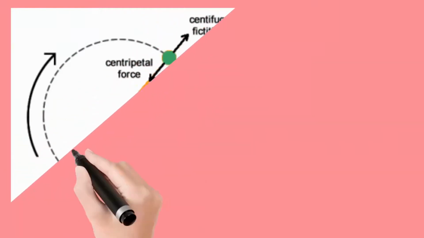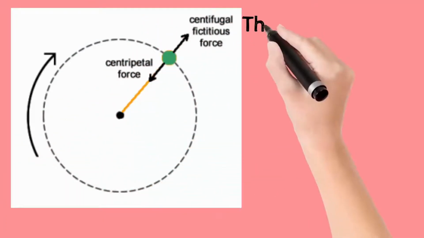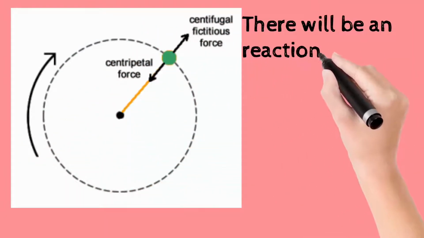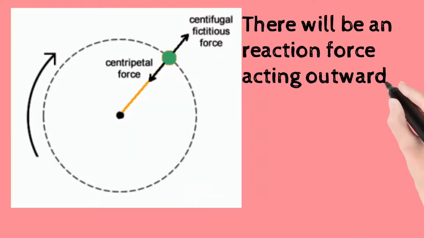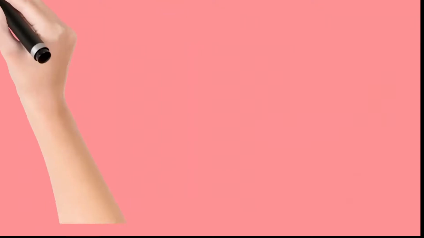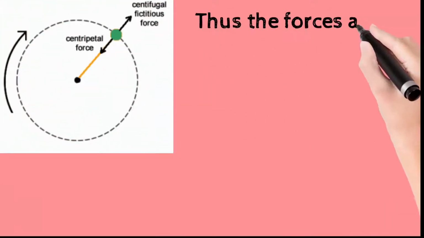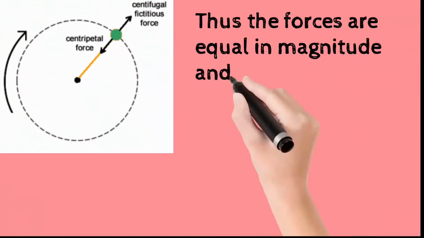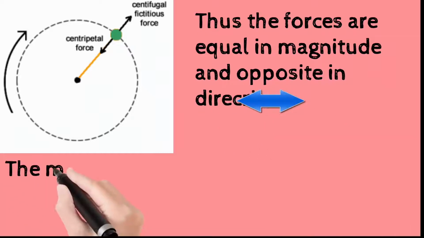The centrifugal force is actually the reaction force that is created due to the inertia of the body, and this will be acting away from the body, that is, outwards. Thus, the forces are equal in magnitude and opposite in direction.